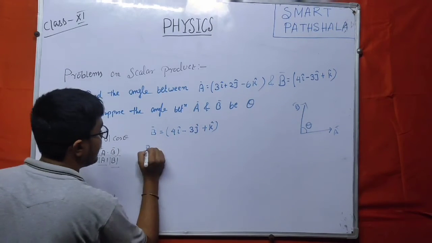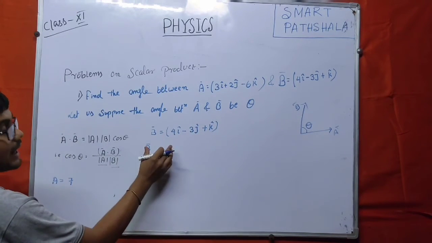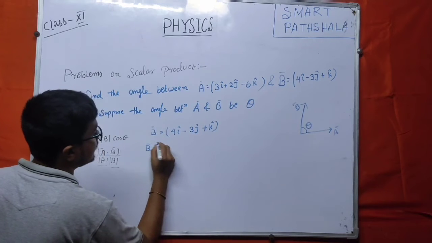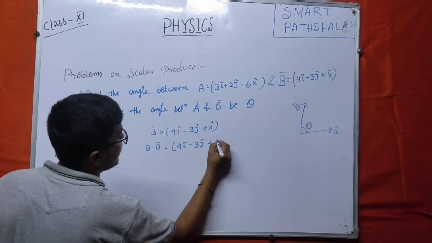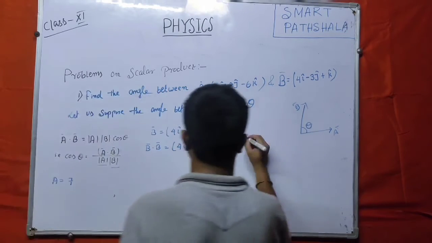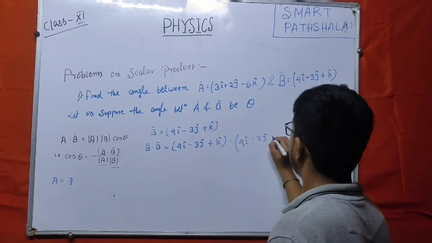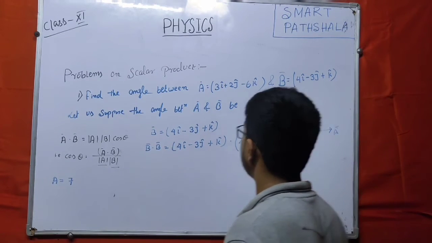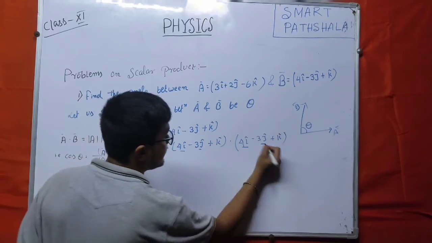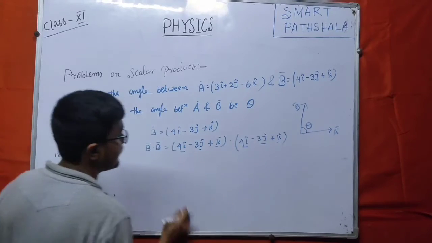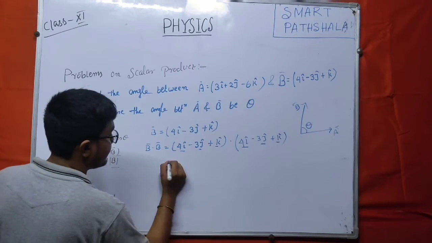Similarly, as in the previous case where we found A dot A, now B dot B. That means 4i cap minus 3j cap plus k cap dot, again the B vector, 4i cap minus 3j cap plus k cap. Here also this into this will come, this into this, and this into this, and the other 6 elements will become 0.